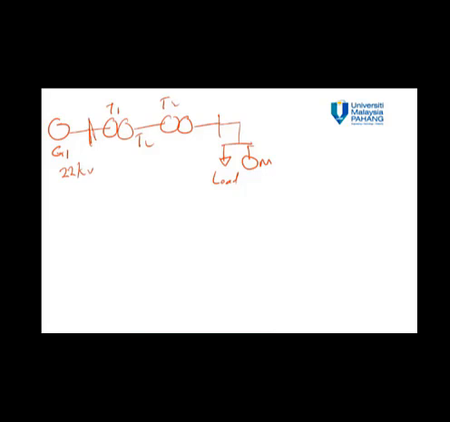And then we have the step-up transformer, from bus bar 1 to bus bar 2, stepping the voltage up from 22 kV to, let's say, 500 kV. Then we have another step-down transformer, stepping 500 kV down to, let's say, 11 kV.